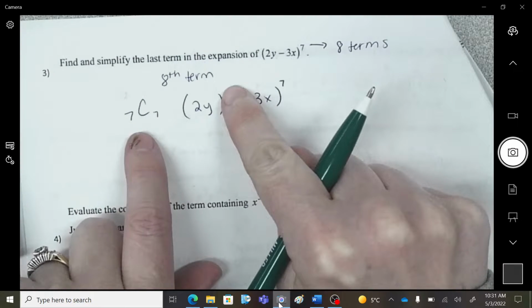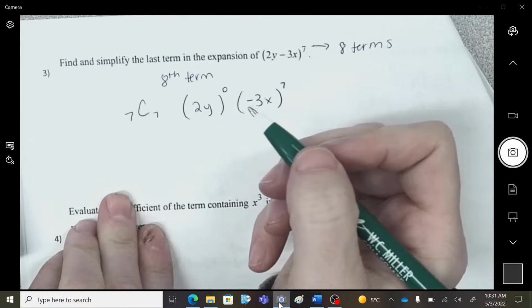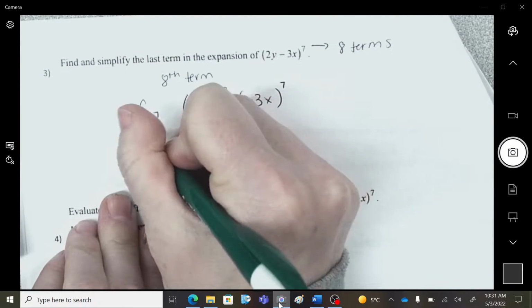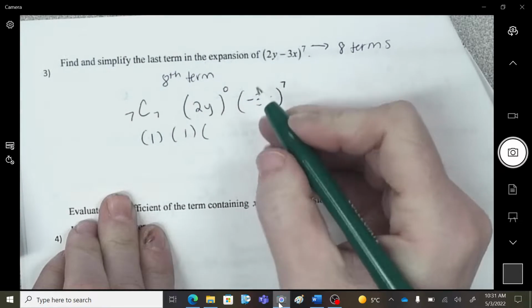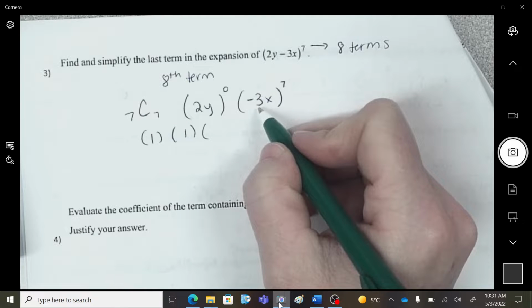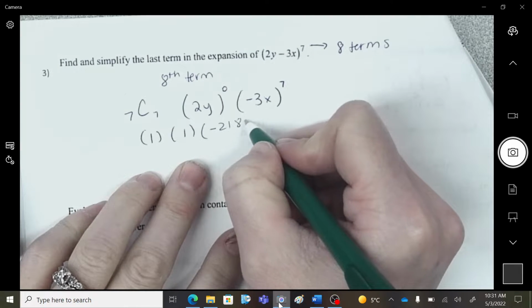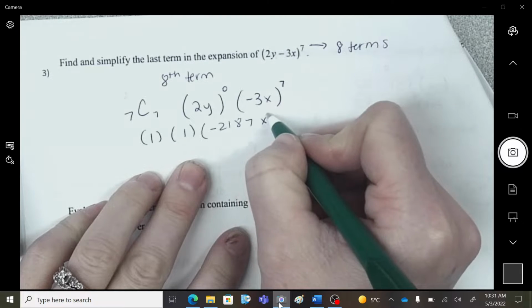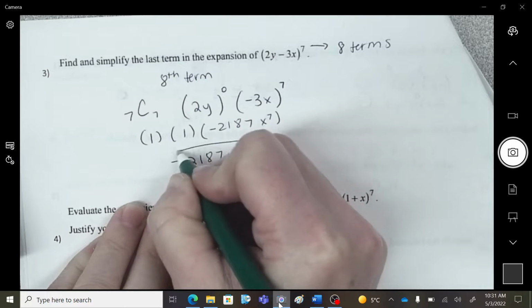And then this matches the subtraction, so 0. So 7 choose 7 is 1. Anything to the 0 is 1. And then negative 3 to the 7th. So that's the final answer.